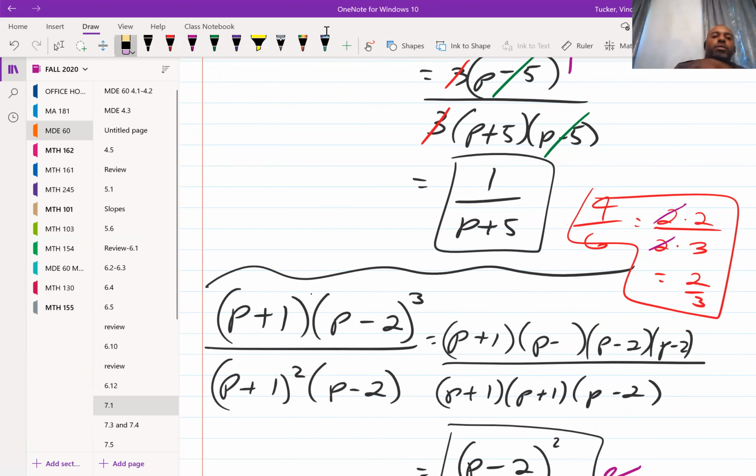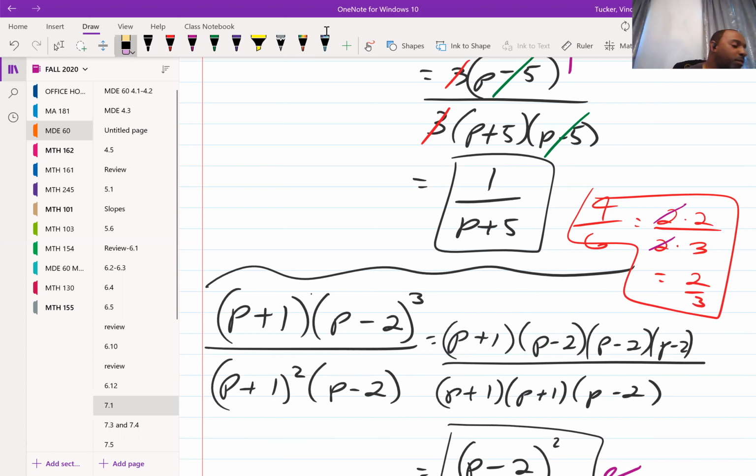All right, so the next one, they gave us something like this: p plus 1 times p minus 2 cubed over p plus 1 squared times p minus 2. So, let's see, what am I going to do? All right, so if you expand it out, p plus 1 appears once in the numerator, but p minus 2 appears 3 times.